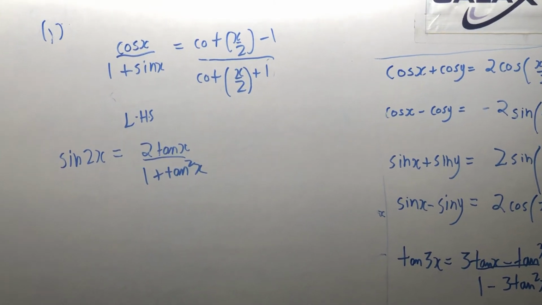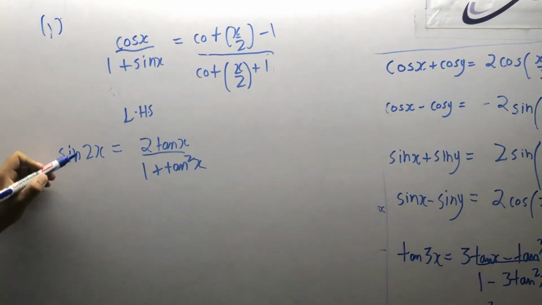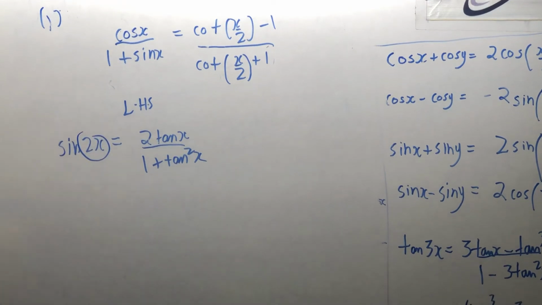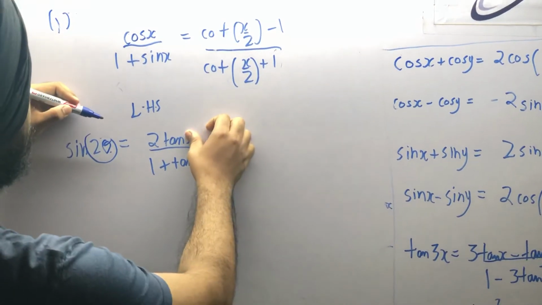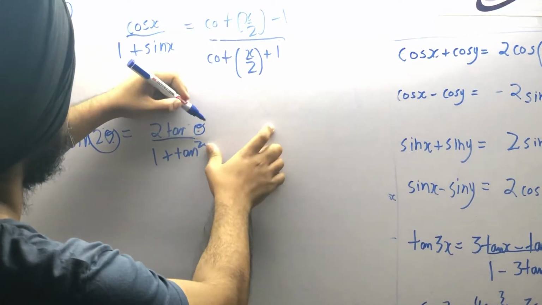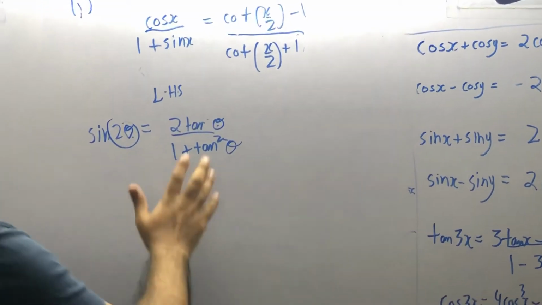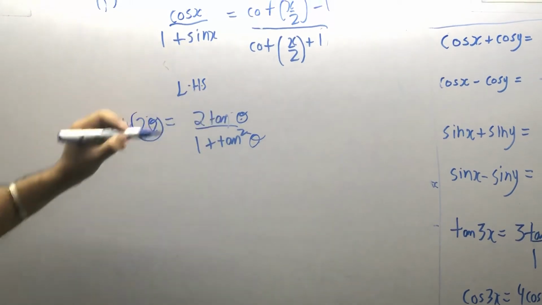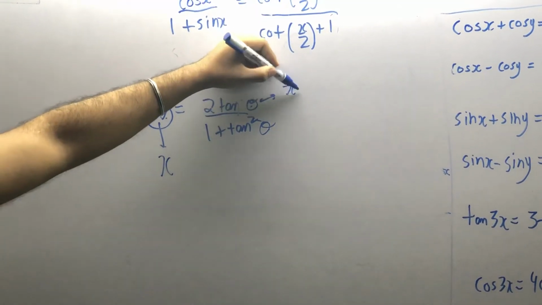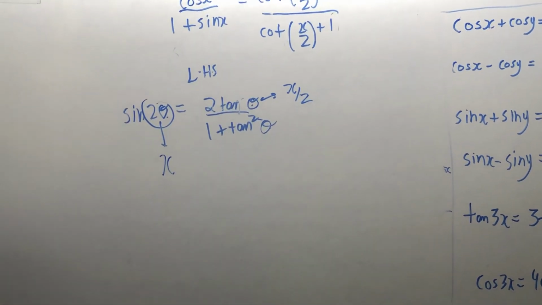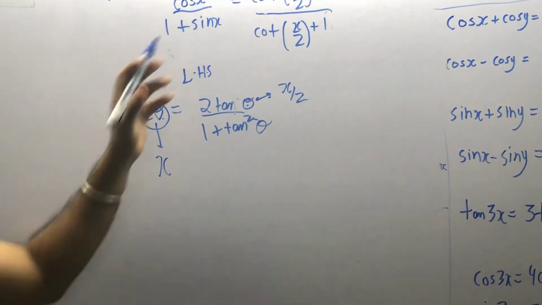For the sake of convenience, I will write these angles as theta. This is the formula, right? Now if 2 theta is x, what will theta be? Theta will be x by 2, right? So this is the value of sin x.